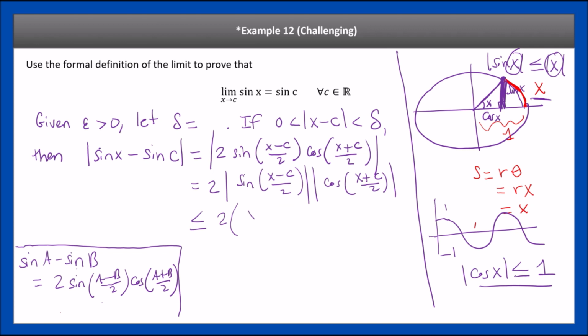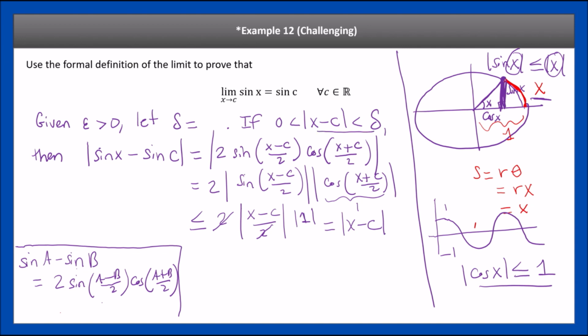So we got x minus c over 2, but we have to do the absolute value. And then cosine of x is going to turn into 1, so absolute value of 1, which is just 1. All right, so then notice that the 2's cancel. So then this is equal to the absolute value of x minus c. Oh, there you go. There's my x minus c.